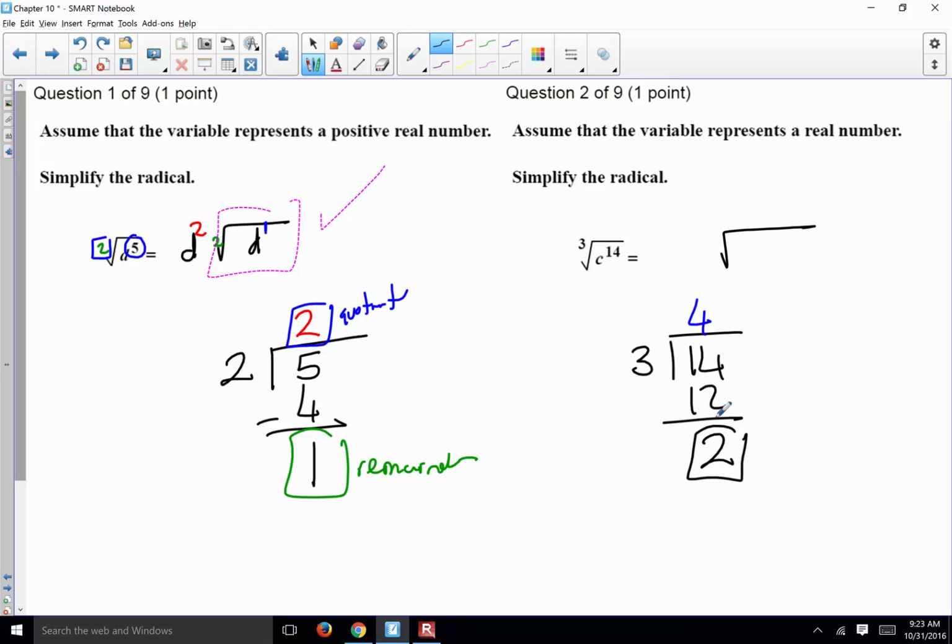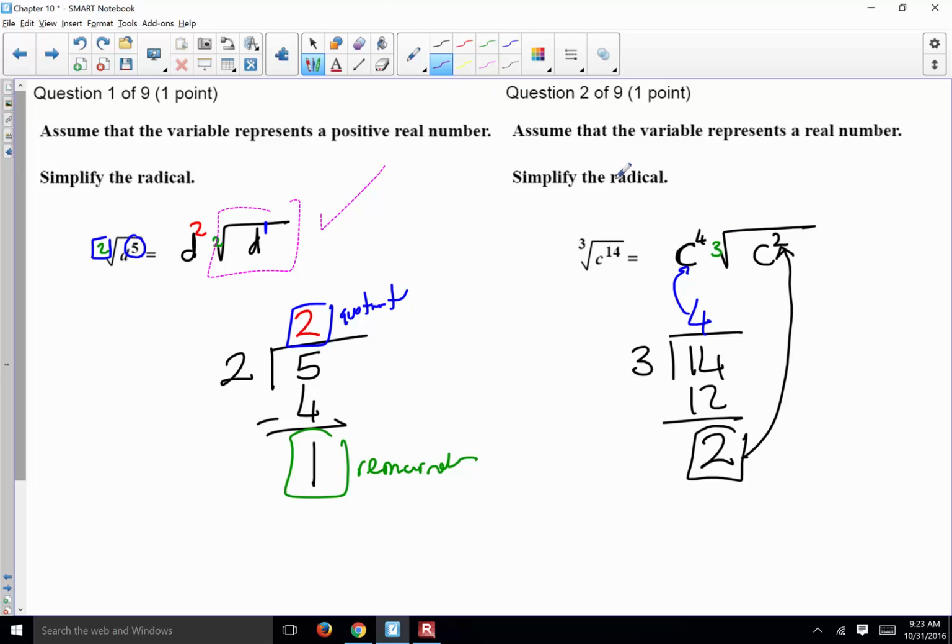So the remainder goes on top of C. This 2 is the remainder; it remains here forever. And 4, where does 4 go? Out. These are the C's you saved. You saved 4 of them, and the index is still 3, and you're done.